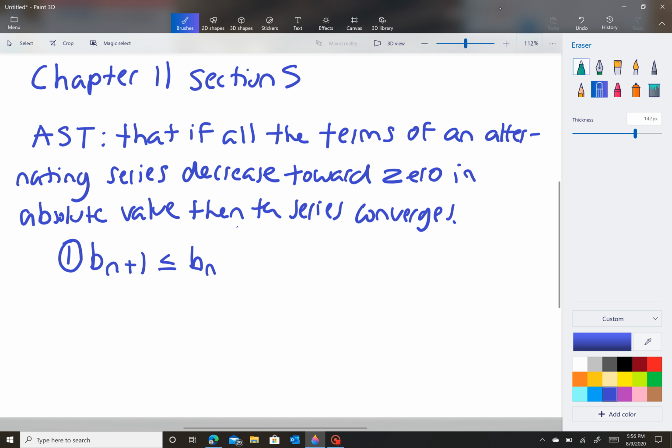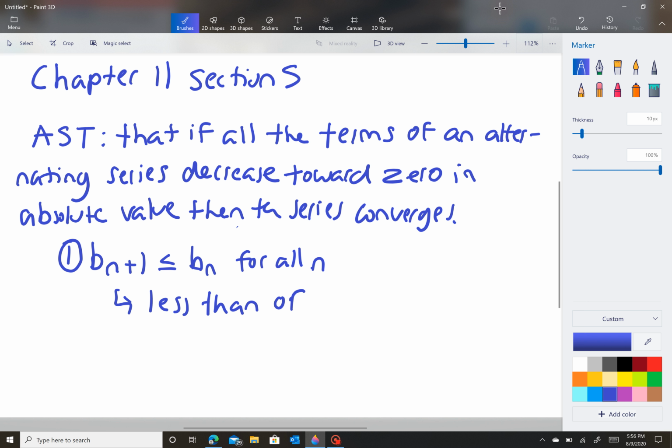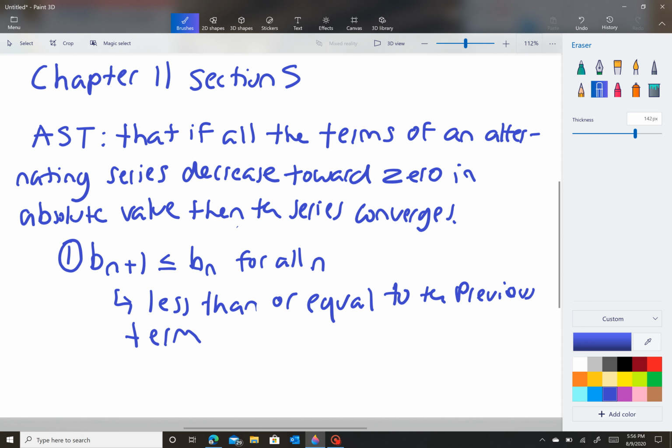Basically what that means is that b sub n plus 1 is less than or equal to the previous term, b sub n. That's all it really means.